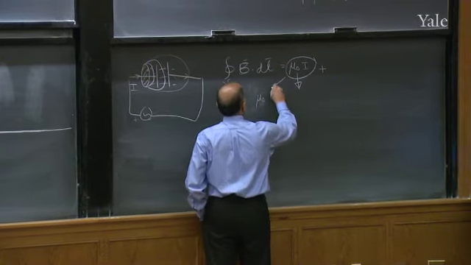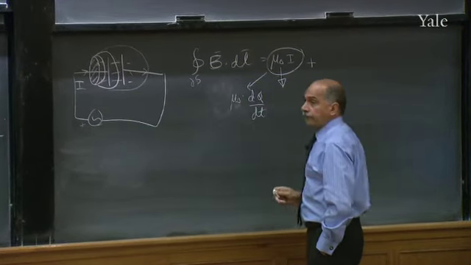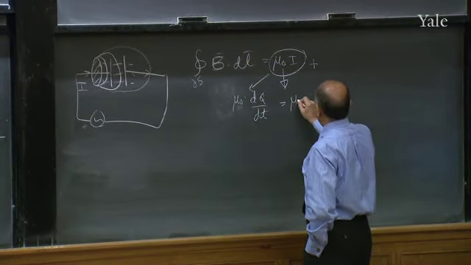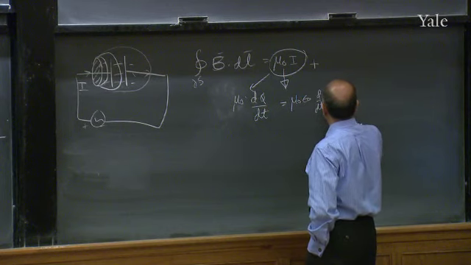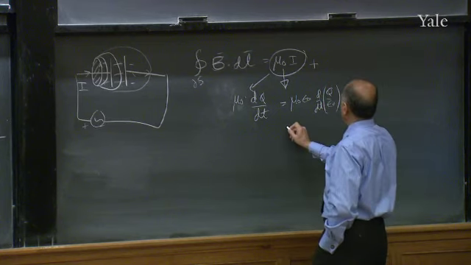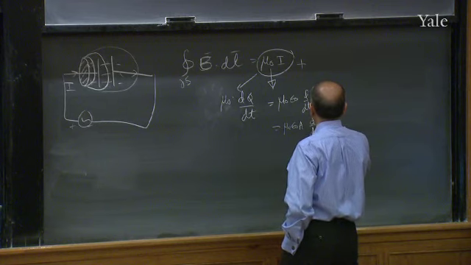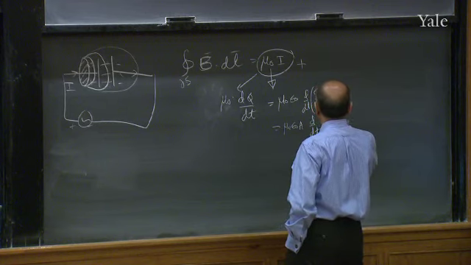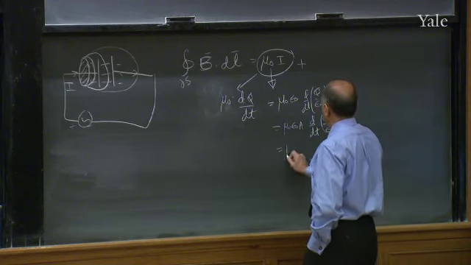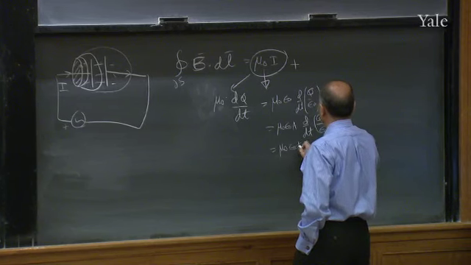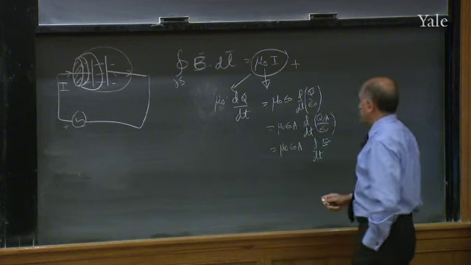So I'm rewriting the very same term. I is dq dt. Q is the charge in the capacitor. And let me write it as q over epsilon 0 d by dt. And let me write it as mu 0 epsilon 0 a d by dt of q over a divided by epsilon 0. That is equal to mu 0 epsilon 0 a times d by dt of the electric field between the plates.